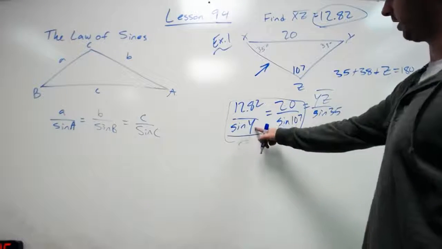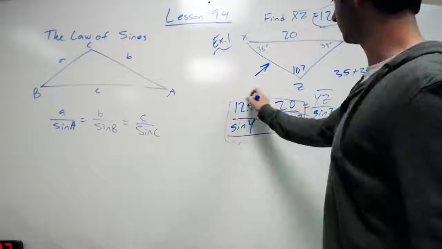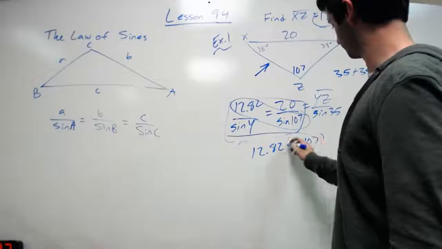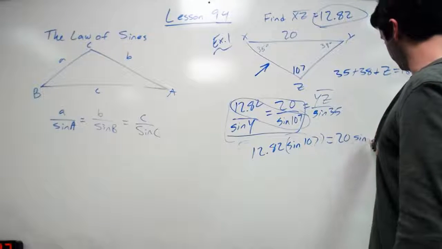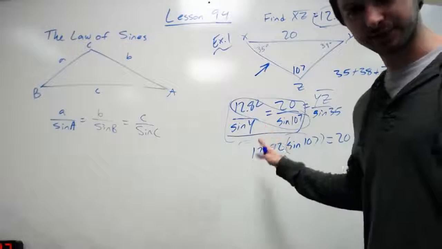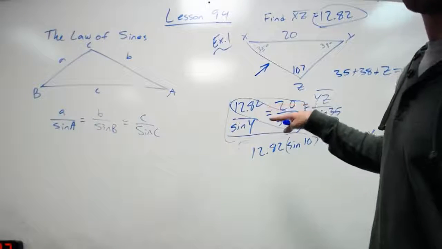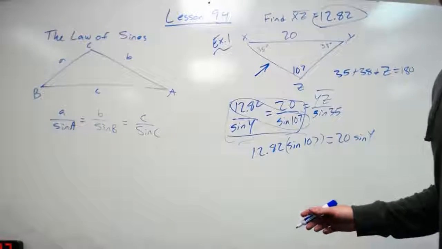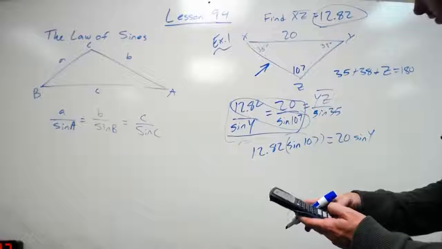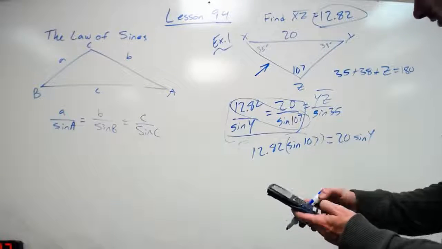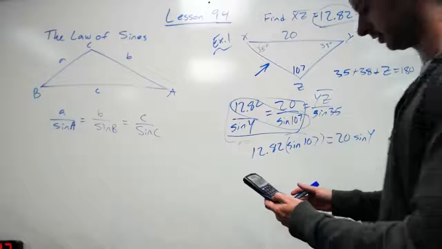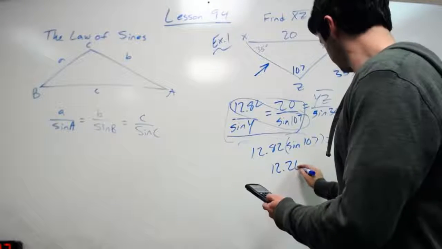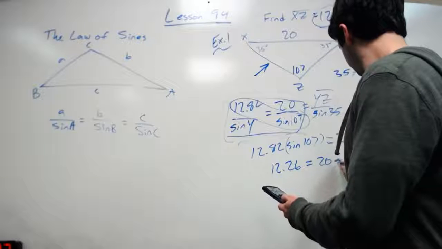If we're finding sine of y, we cross multiply: 12.82 times sine of 107 equals 20 sine of y. This isn't in this problem, this is example 3, but I'm fast forwarding a little bit to show you, because some of the problems will do this. If I type 12.82 sine of 107 in my calculator, that's 12.26, equals 20 sine of y.